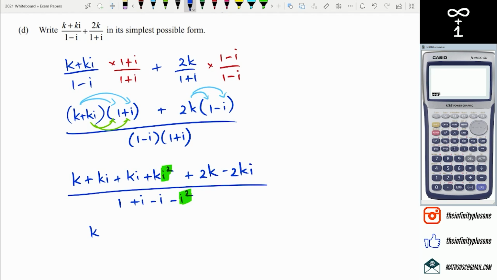So we've got k plus 2ki plus, the I squared changes to negative 1. So negative 1 times k is going to be negative k. And we've got plus 2k minus 2ki, and all of that is divided by 1 plus I minus I is 0, minus I squared is equal to negative 1.